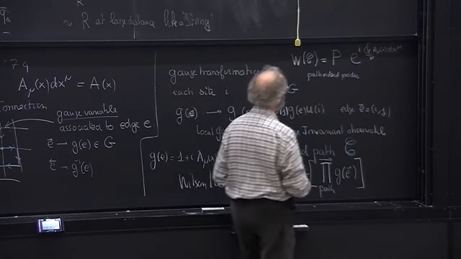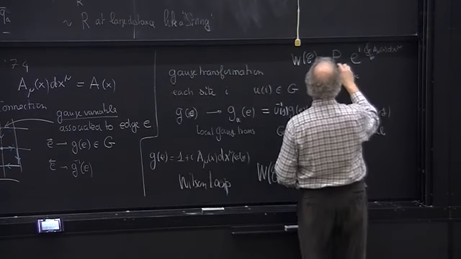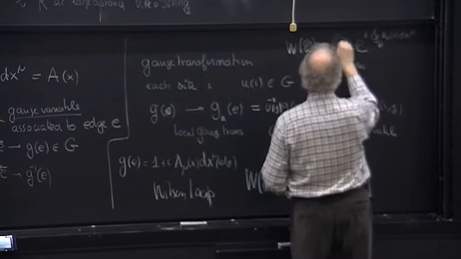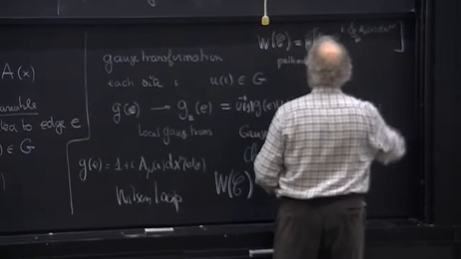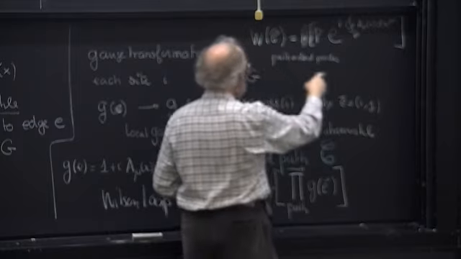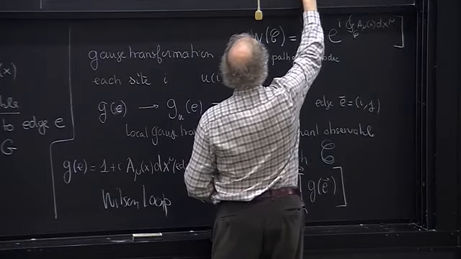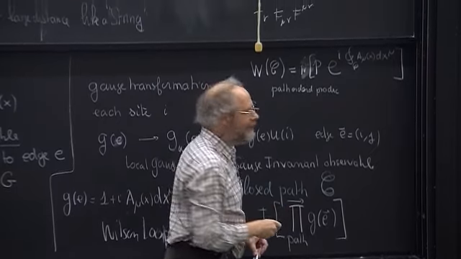And when you take the trace of that, those are the only gauge invariant things you can calculate. And in particular, of course, you have the trace of F mu nu. This is a gauge invariant quantity.